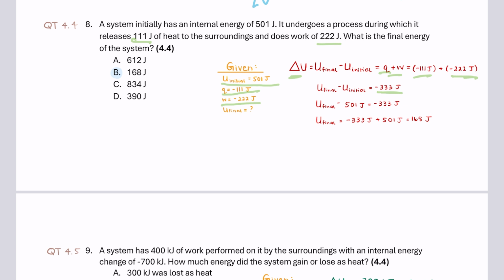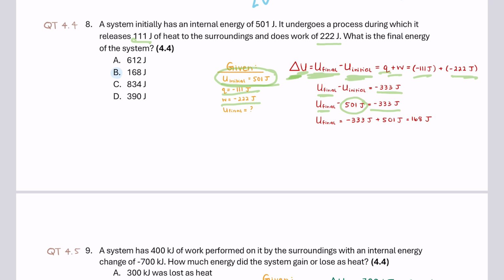Now we use this to find the final internal energy. Remember that delta U equals final energy minus initial energy. So we write final energy minus 501 joules, which we're told is the initial energy, and that is going to be equal to negative 333 joules.